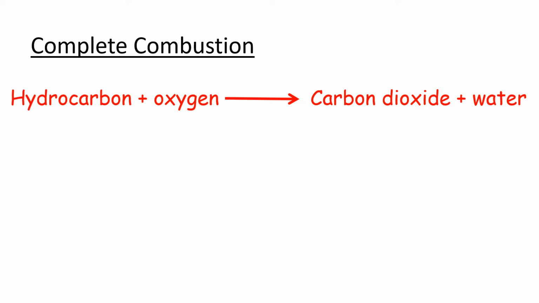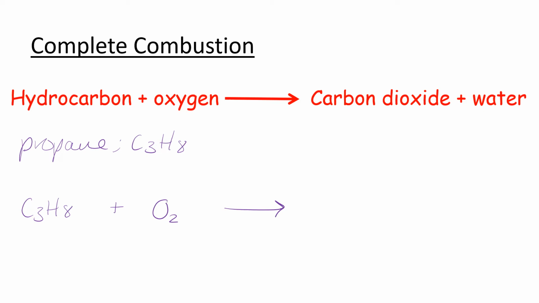An example of a complete combustion equation can be written for propane. C3H8. So propane is our hydrocarbon. We add oxygen. We know that oxygen is diatomic. Remember, I bring clay for our new house. Carbon dioxide, di meaning two, so we know we're going to have two oxygens in our formula.